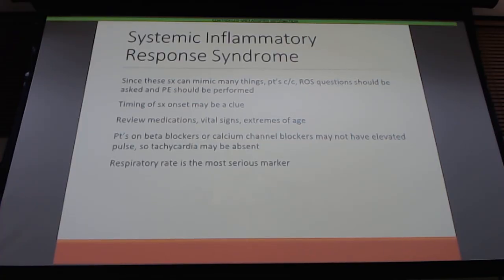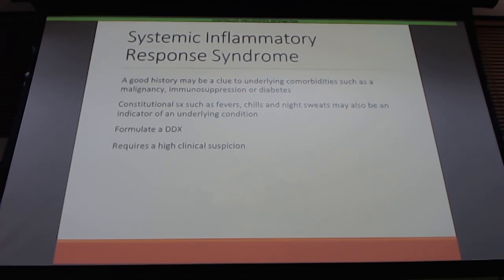Big questions to ask are, have you taken any new drugs? Here it tells you beta blockers or calcium channel blockers, kind of specific. Steroid use is another big one. Do they have any serious pain issues? Do they have any cardiac issues or arrhythmias? Because all those can lead you to different reasons why they may have a systemic inflammatory issue.